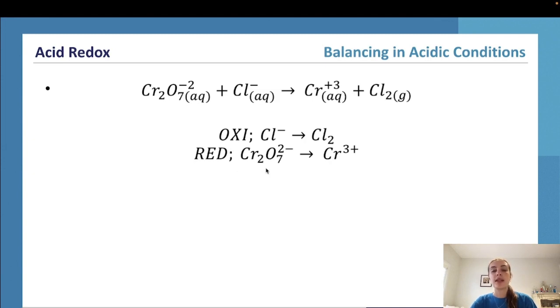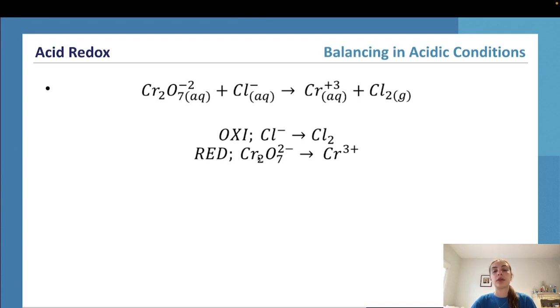Next, we know that rule number 7 tells us that oxygen has an oxidation number of -2 per oxygen atom. But we've got 7 of them, so we do -2 times 7, and that gives us -14. If we've got -14, but we need to get to -2, and we've got 2 chromium ions, we need to make up +12 out of our 2 chromium ions.